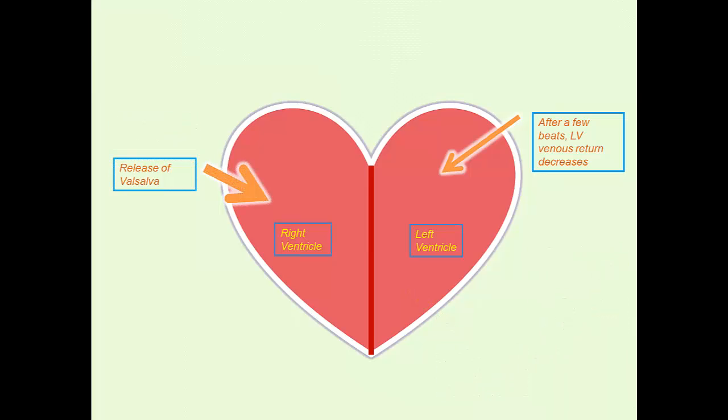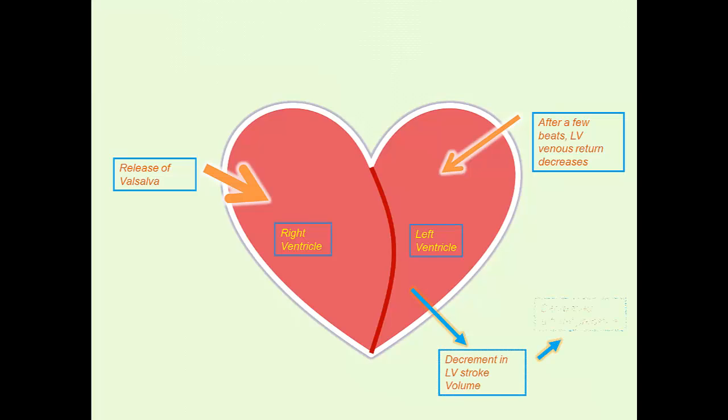Then you suddenly release Valsalva, and you have a very rapid and pronounced decrease in your intrathoracic pressure as you release the strain. And then you kind of bolus the right heart again, which then may temporarily diminish left heart output.